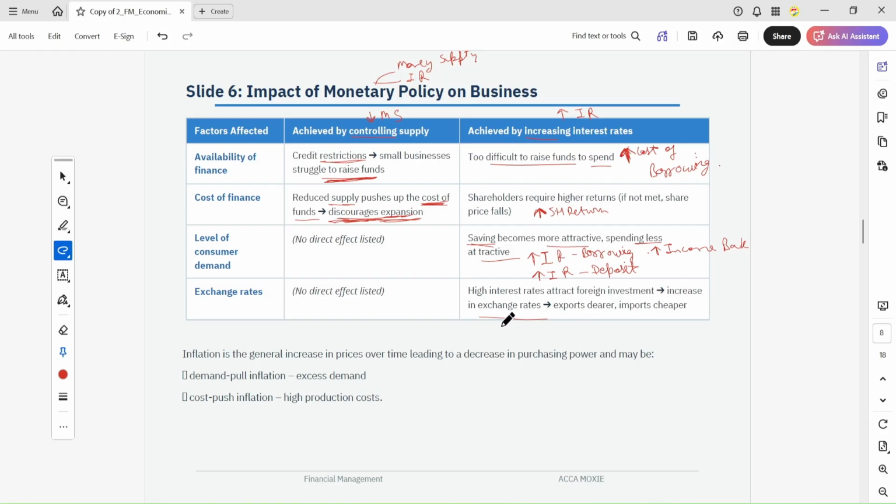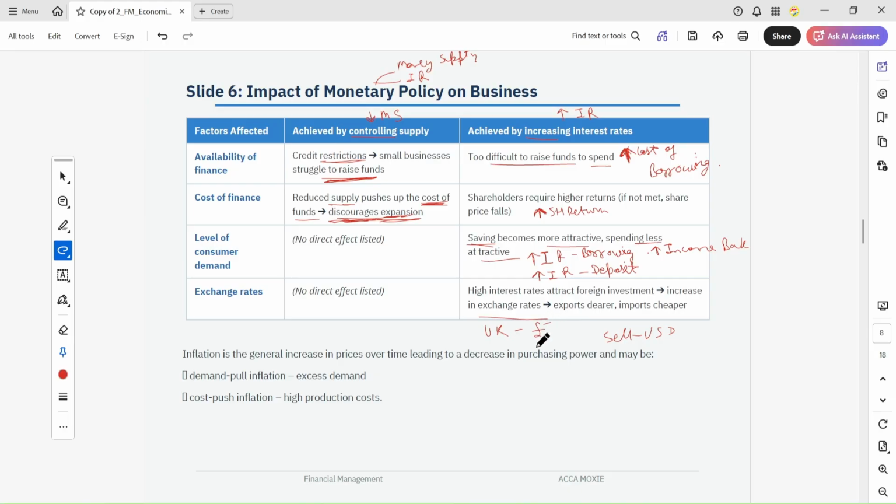Because, for example, if your country is UK and you want to deposit money in a UK bank account, you have to deposit British pounds. And when you deposit, how can you deposit? You have to sell your US dollar if you are from USA. So you have to sell your USD and buy the UK pound.